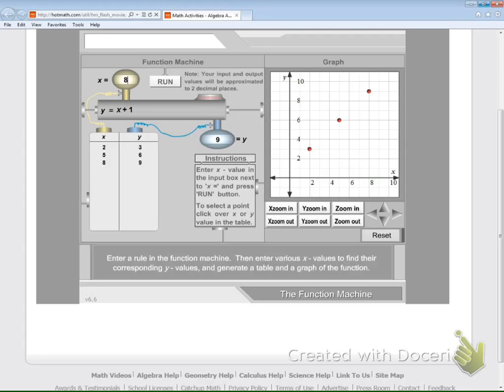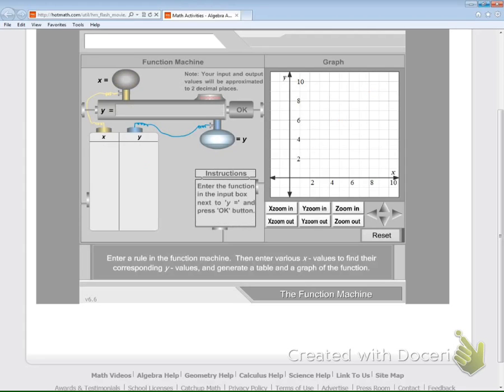Let me reset it. What if, let's say, we had 3x minus 2. And we start making our input values. Let's put in a 1. You get a 1 as an output.